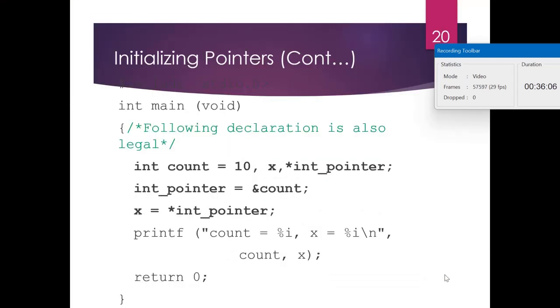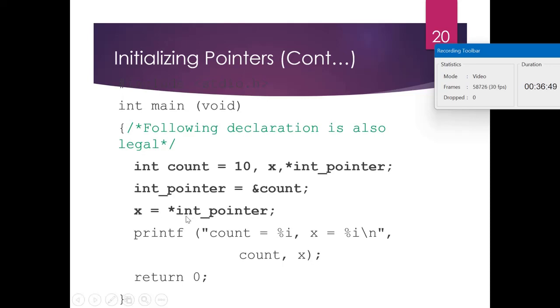Here this is the main method. Int count equal 10. There is an integer type x variable and another variable, int pointer. What is this? The meaning of this is integer type pointer. Name of the variable is int underscore pointer. Int pointer equal ampersand count. Int pointer equal address of the count variable and x equal what?